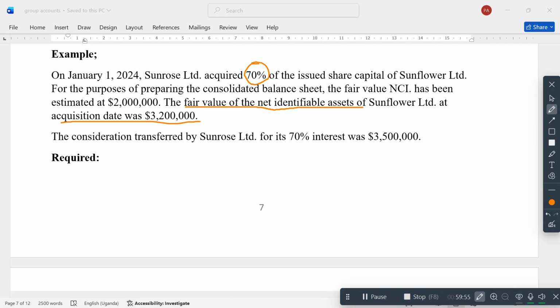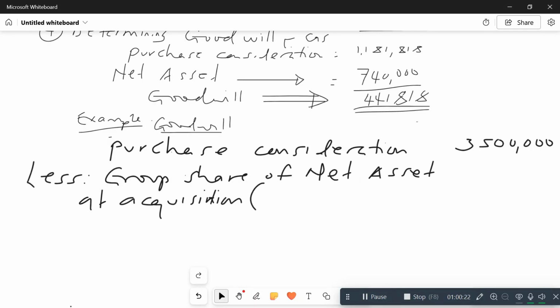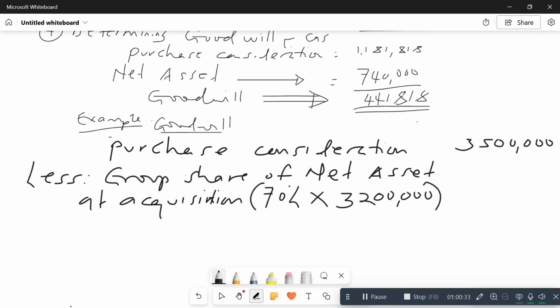So we shall get 70% of 3.2. What is 70% of 3.2? 0.7 times 3.2, which is 2.24 million.